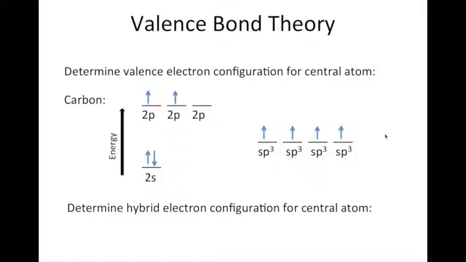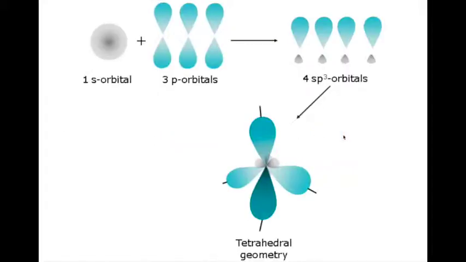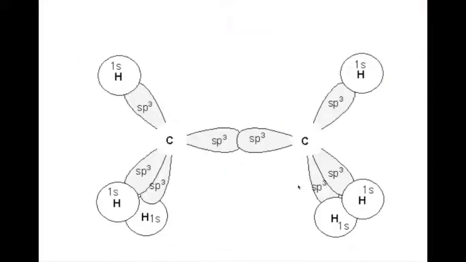So what this tells us is that each of our 2 carbons has 4 sp3 hybrid orbitals, and each of our hybrid orbitals has 1 electron in it. So we've taken our s and our 3 p orbitals and we've combined them to form 4 sp3 hybrid orbitals. They're going to be tetrahedral in geometry, and each one will contain a single unpaired electron, all with the same spin. So if we draw that, here's what it would look like.